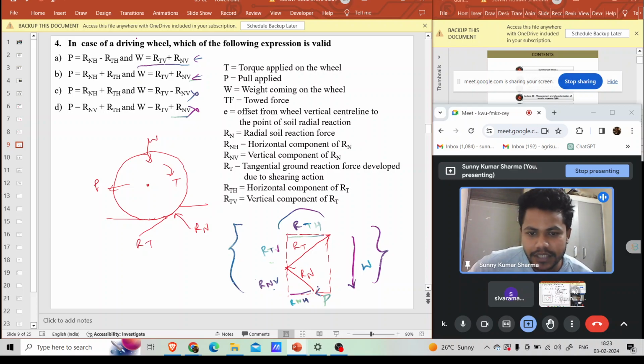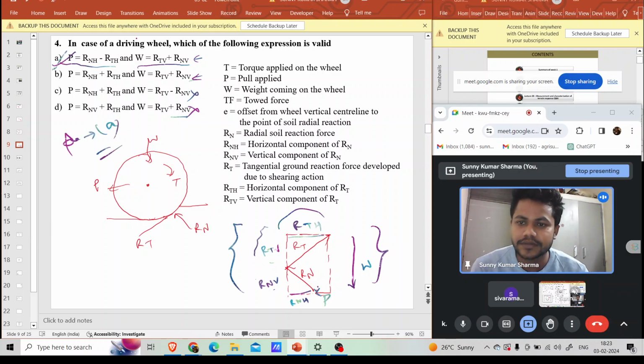Option A means RNH minus RTH instead of RTH minus RNH, because in the other expression we have plus. So pull is the difference of one of the higher magnitude and one of the lesser magnitude. That is correct. The correct answer is A.